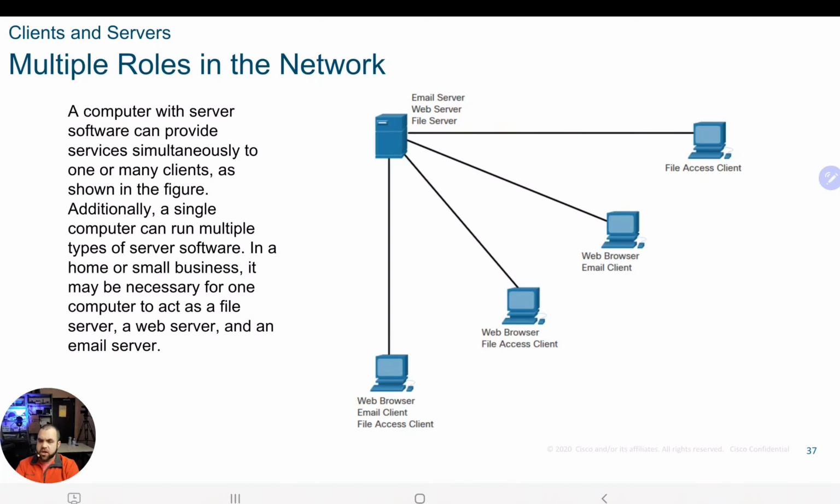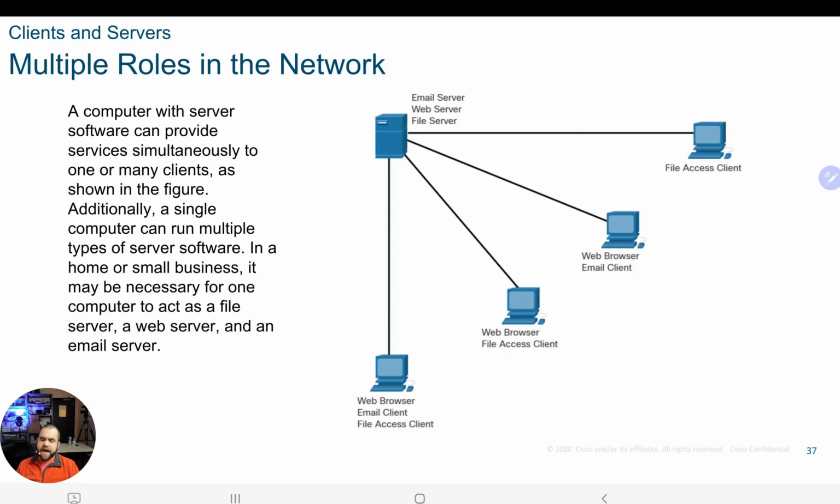There's a lot of things that go into answering that question, but you could have one server that is the email server, the web server, the file server, and maybe even the phone server. It could be a big, beefy machine in order to host all these things, or, and we'll get into this in the future, maybe it's virtualized, and you're running 5 different instances of Windows Server on that machine, and they all do different things.